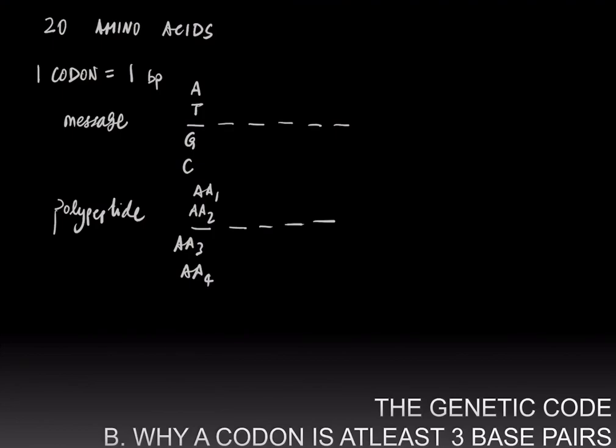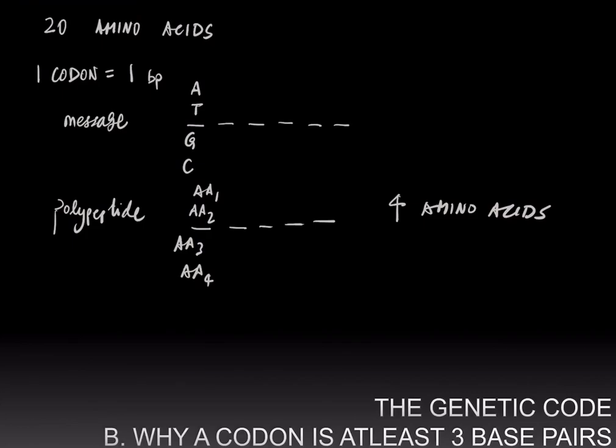That is to say that a code in which 1 base pair specifies 1 amino acid can only specify 4 amino acids. And that clearly is not enough, since the code must be capable of specifying at least 20 amino acids.